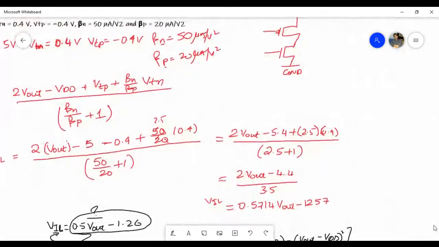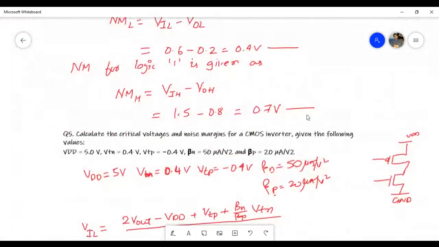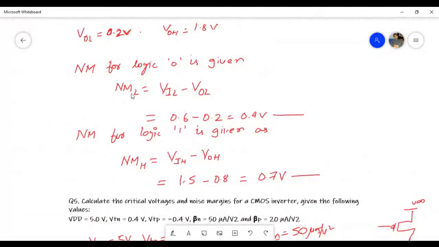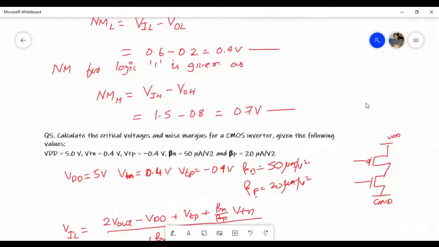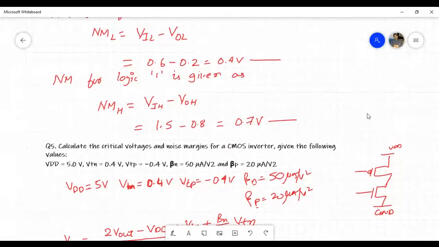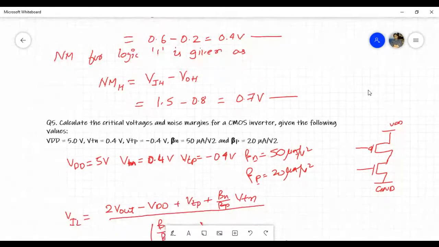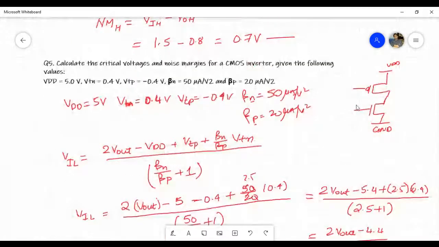After we get VIL, if you go to the previous question, what we have to calculate is the noise margin for the low, VIL minus VOL. So what is VOL here? What we get now is 4.7. So let us just calculate VIL here.